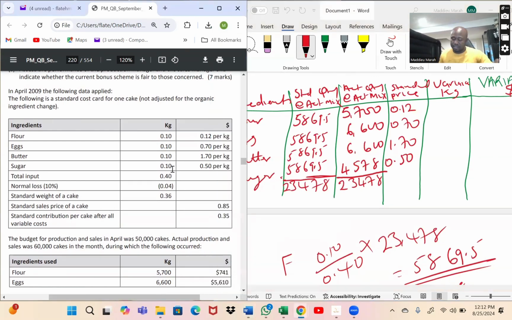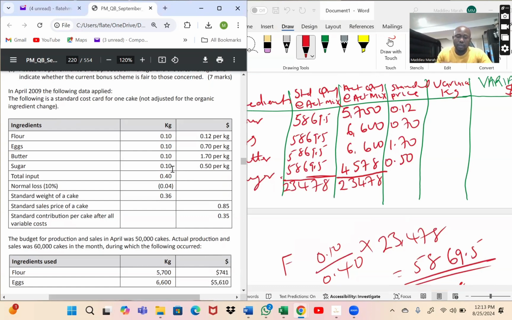So what is the variance? The variance is in kg first. The variance in kg is the difference between the standard quantity at actual mix minus actual quantity at actual mix. So I'll do this: 5,869.5 minus 5,700.